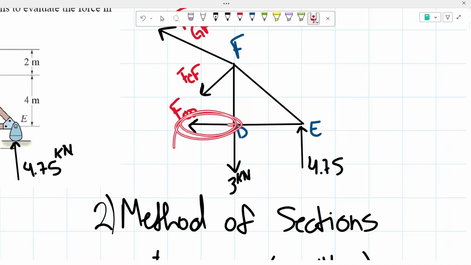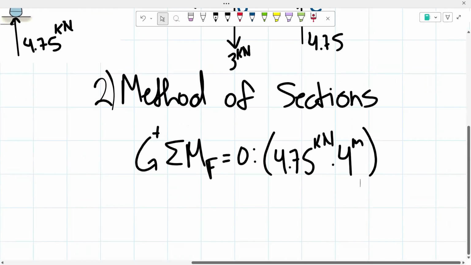Now, the force of bar CD, we do know that one will be creating a moment. It is below that point going to the left, since I assume that it's going to be in tension. So for this specific example, it is going to the left. That means it's going to be creating a clockwise moment, meaning a negative moment.